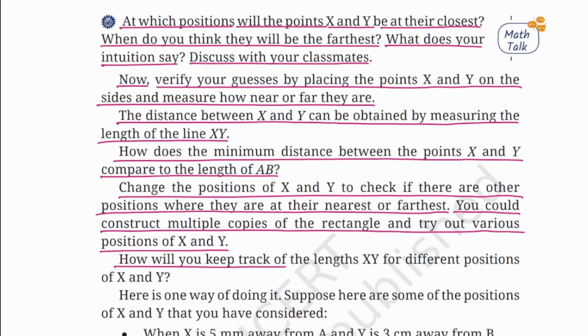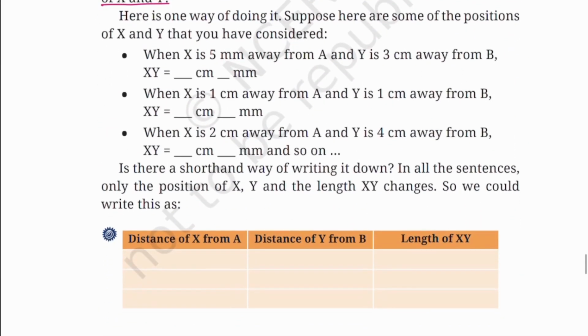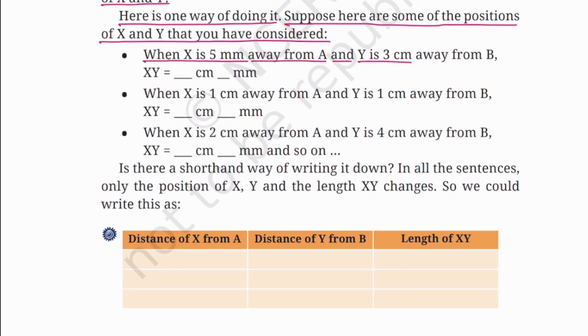How will you keep track of the lengths XY for different positions of X and Y? Here is one way of doing it. Suppose here are some of the positions of X and Y that you have considered. When X is 5 mm away from A and Y is 3 cm away from B, XY is equal to dash centimeter dash millimeter.